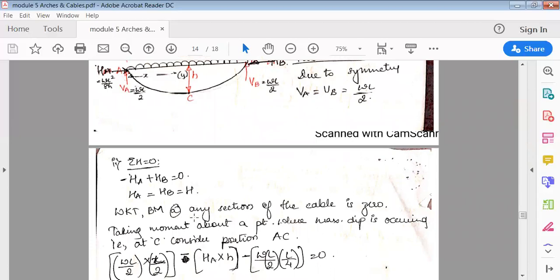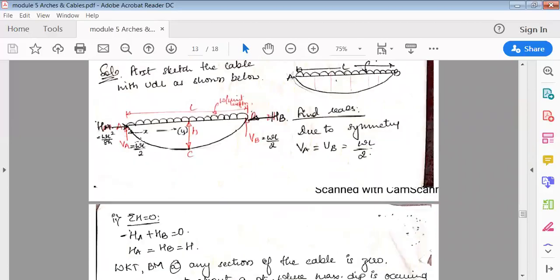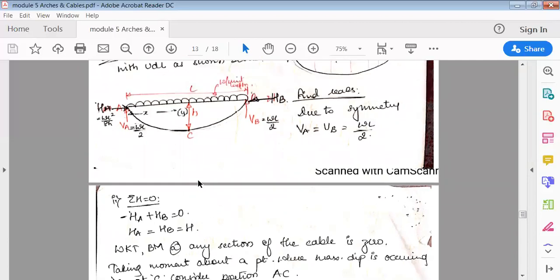Now we know that the bending moment about anywhere in this cable, at this portion A, C or B, or other than that, at any intermediate position, the bending moment in the cable is always 0. Okay, so anywhere you cut the section, the bending moment in this cable is always 0.